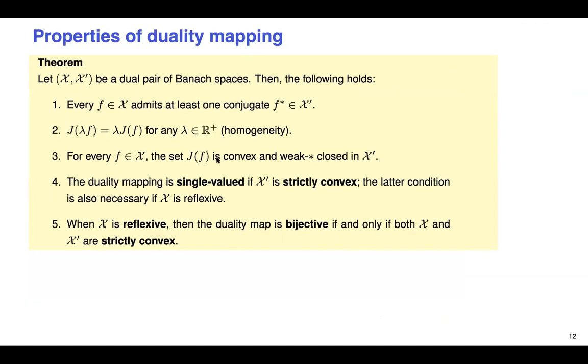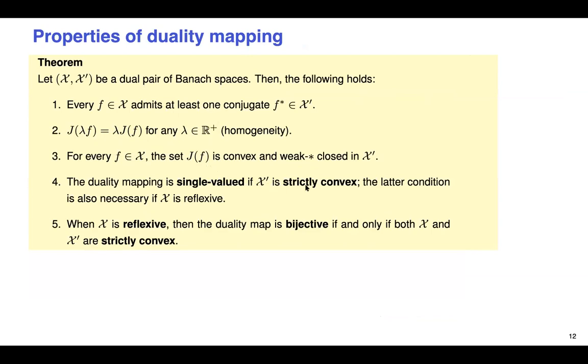Now, what are the properties of the duality mapping? First of all, I said that there's always at least one conjugate. Then there's also homogeneity: if you have lambda f, you can pull out the lambda. For every f, there's a non-empty set, and this set of the duality mapping is convex and weak-star closed. Now, the interesting scenario is when it is single valued.